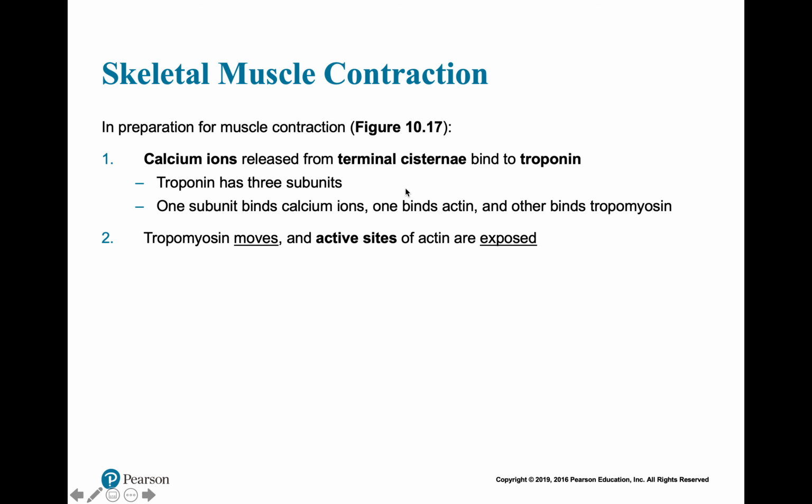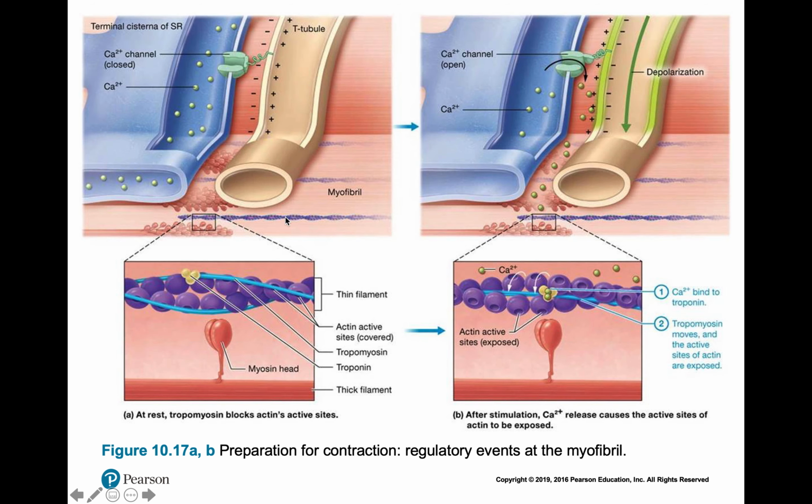So if you remember from the very beginning videos of chapter 10, we talked about thick and thin filament structure. The thin filaments, the actin filaments, look like beads on a string. These are individual globular actin subunits that bind together and form this long filamentous protein, which is two strands wound together.